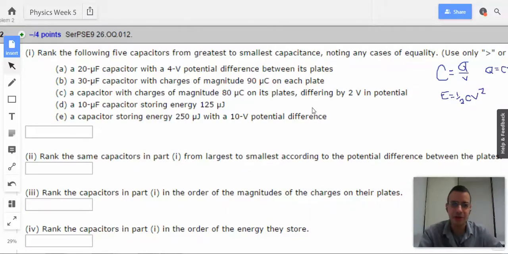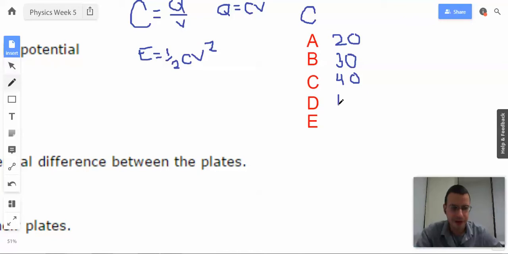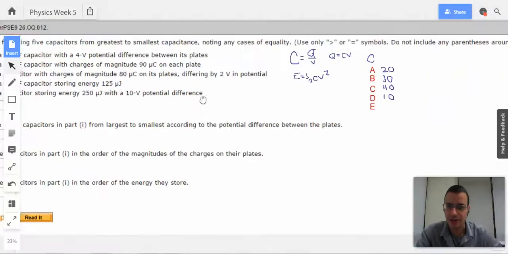No, it's already in microfarads. Why did I do that? That's okay. I was trying to solve for voltage, and I have a feeling that will be useful later.